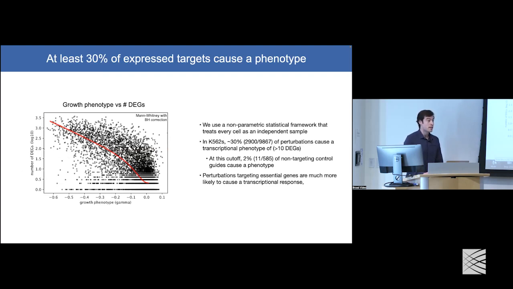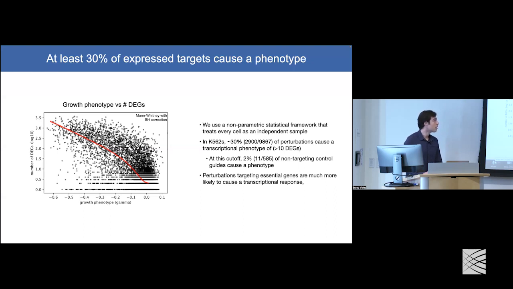So there are many analyses that we could do with this data. One of the first that we wanted to do is to identify how many of our perturbations are actually causing any evidence of statistical differential expression in the single cell RNA-seq. And so we tried to be extremely conservative with the statistics that we use throughout our analysis and to pretty much only use non-parametric statistical tests, even at the cost of a little bit of statistical power.